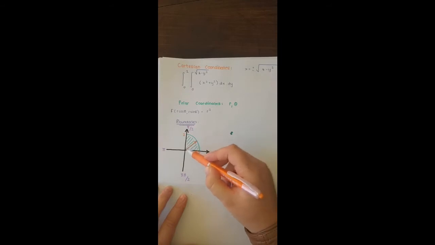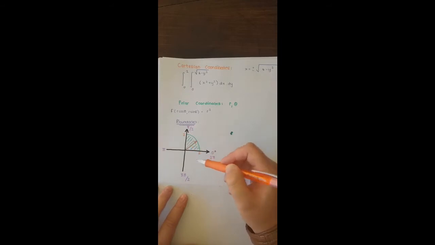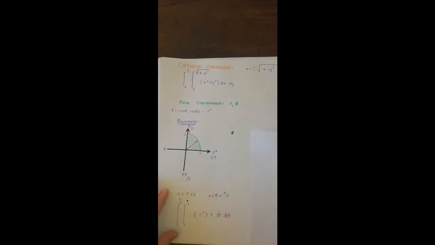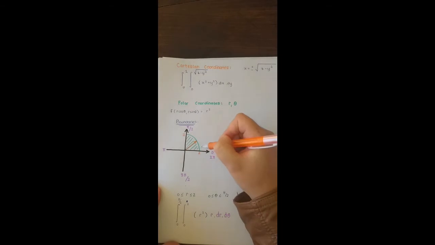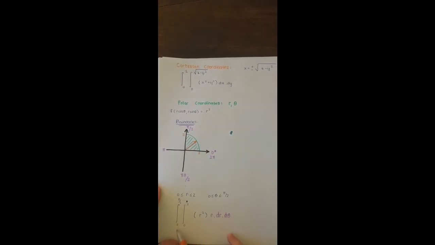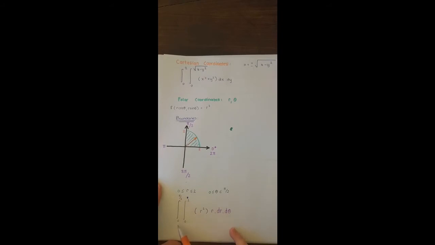It describes the distance from the origin. In this case, your r is between 0 and 2, and your theta is between 0 and pi over 2, because it only goes from 0 to pi over 2. Then you can write your integral like this.